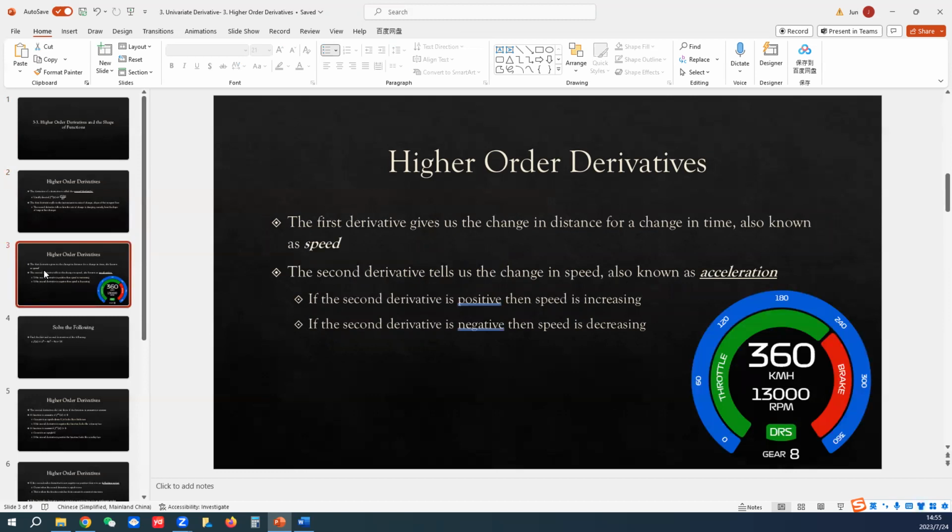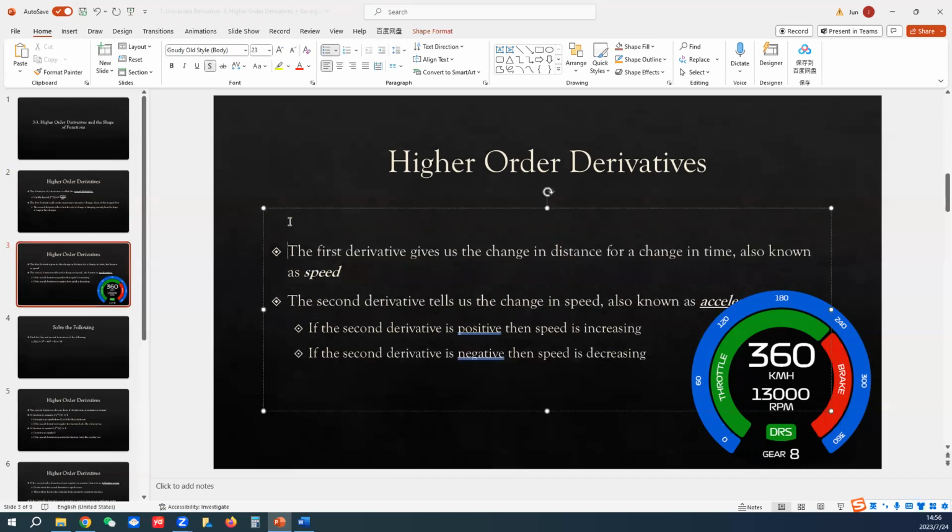So let's look at a real world example. Let's go back to the previous travel example. So if we say the original function is distance, distance is y equals a function of time, right?